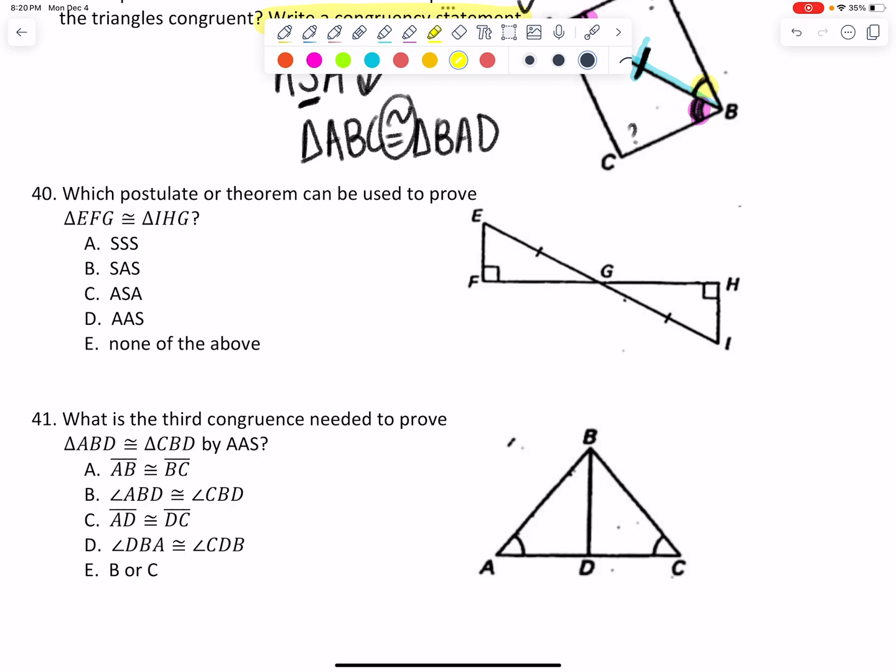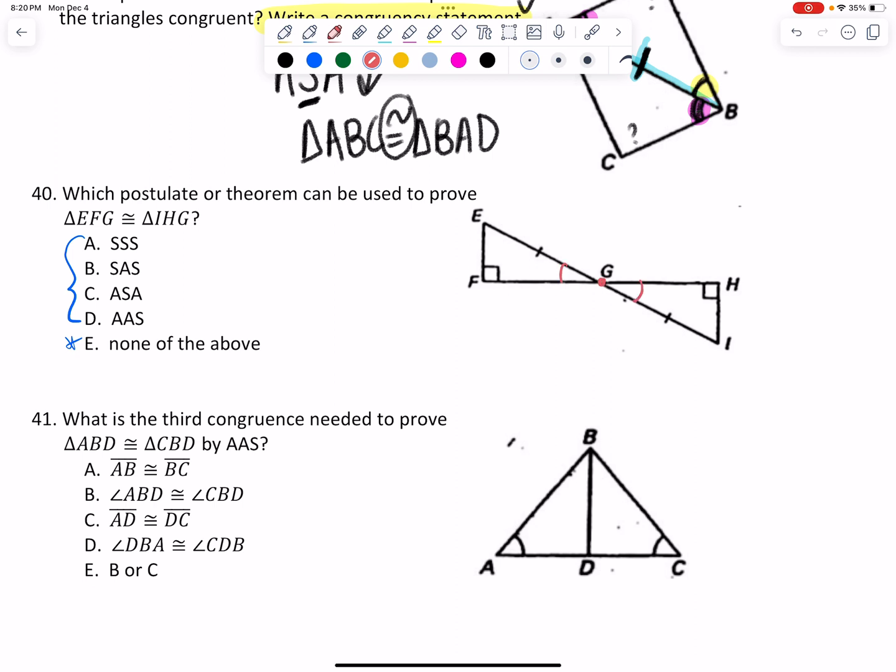Okay. Which postulate or theorem can be used to prove these triangles congruent? EFG and IHG. Again, I notice I've got all four of these, but then I also have none of the above. So let's see what I can add to this picture. Right now I have a right angle. So the first thing I always check for is hypotenuse leg, but notice that hypotenuse leg is not on any of these. And so we're not going to be using hypotenuse leg, but let's check and see what I can add.